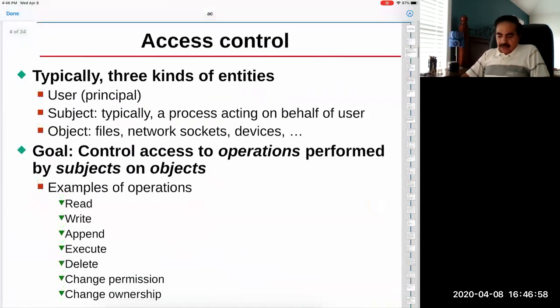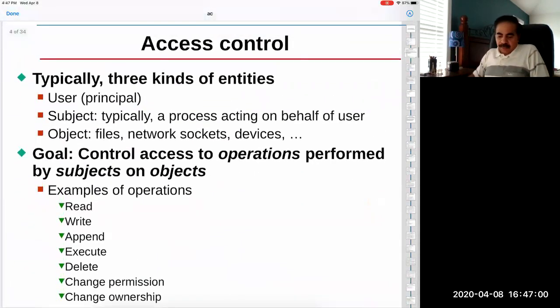So let's start with access control policies. In access control, again, we have these three entities: principals, subjects, and objects. The goal of an access control policy is, obviously, to control access to objects.